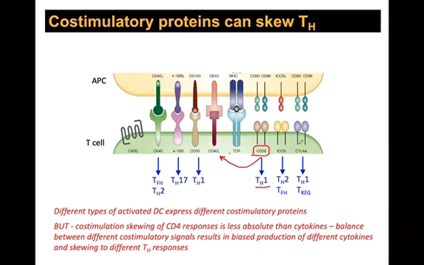On the other hand, CTLA4, which is opposing CD28, this should have an X through it, is going to block Th1 responses and instead prefer to make regulatory cells. So if you can't get a CD28 signal because CTLA4 is blocking it, you instead get a regulatory cell.